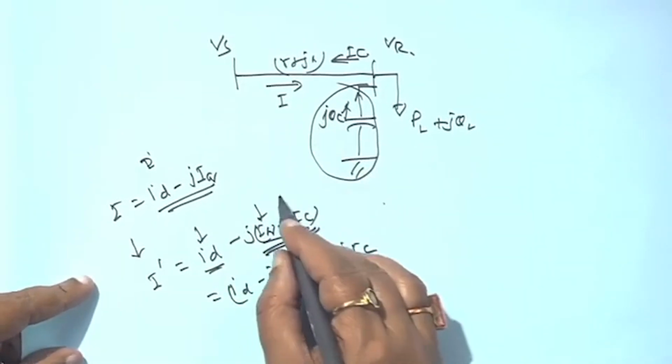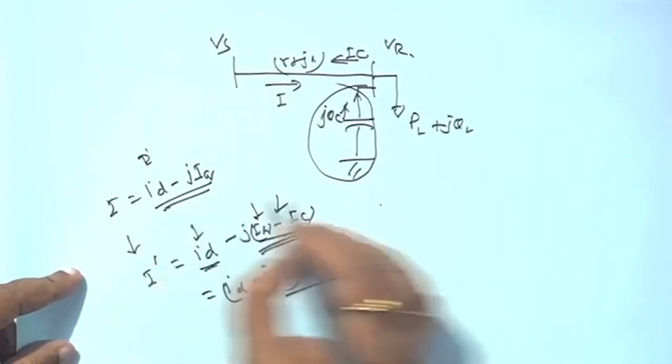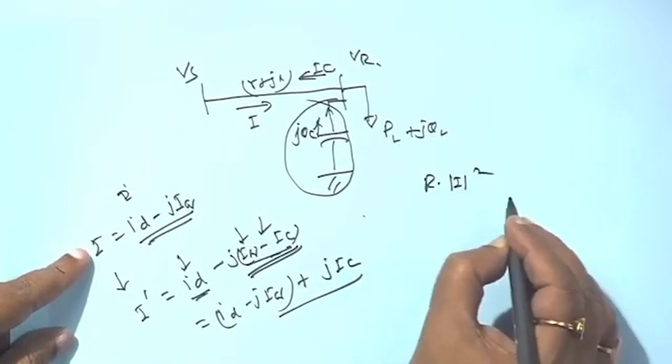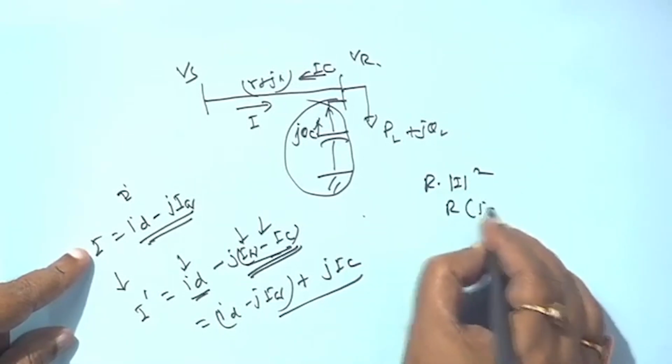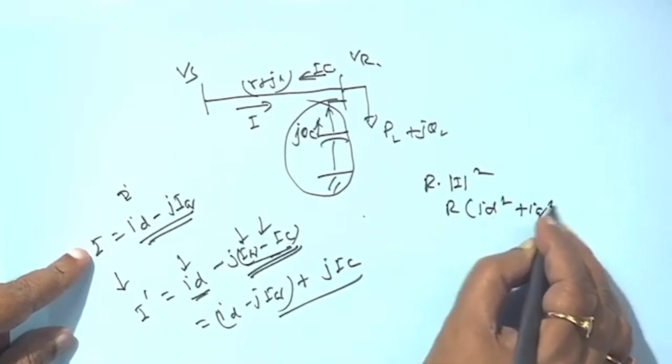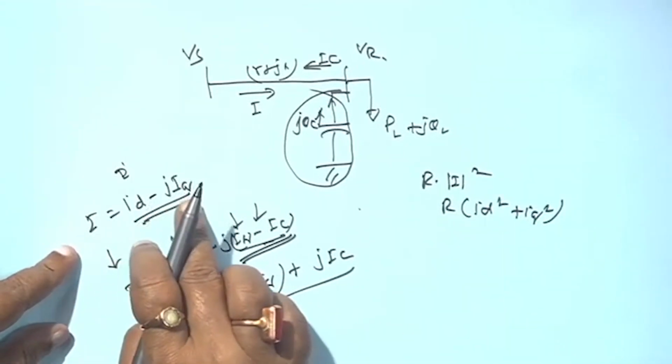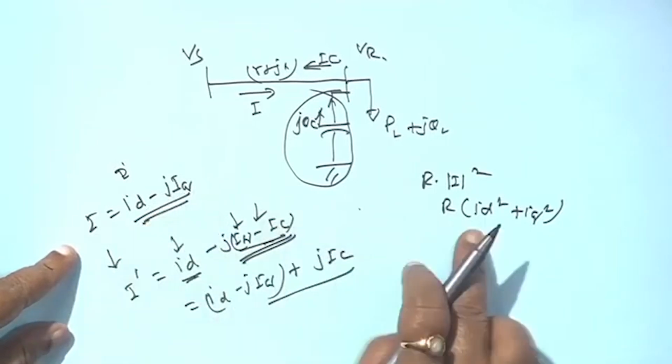Because this part is decreasing, before that the power loss was R into I square, right. That means R into Id square plus Iq square, because the modulus of this is root over Id square plus Iq square, therefore it is Id square plus Iq square.